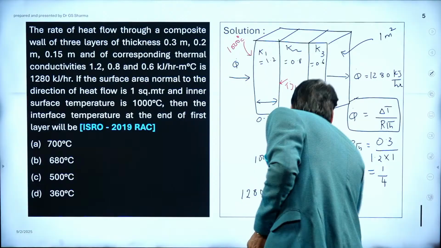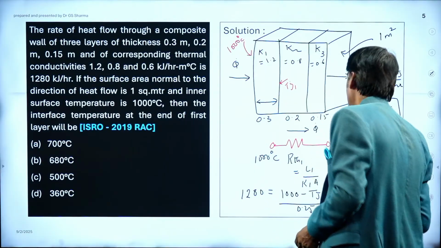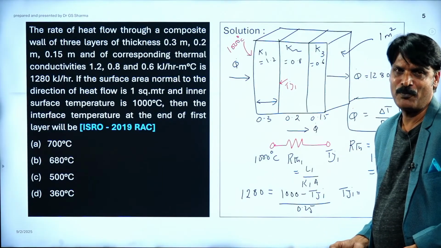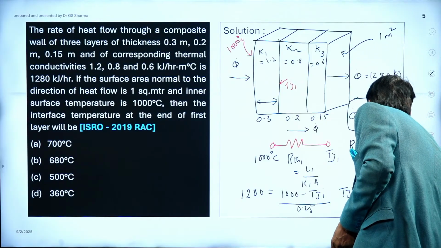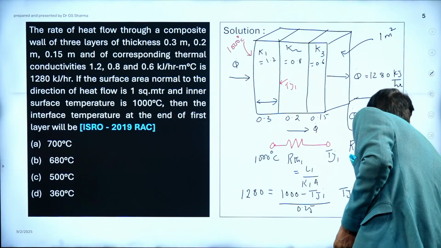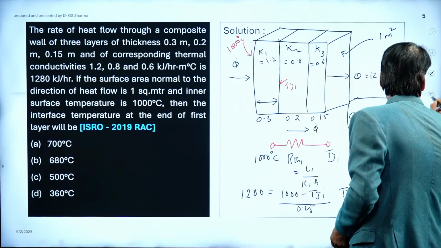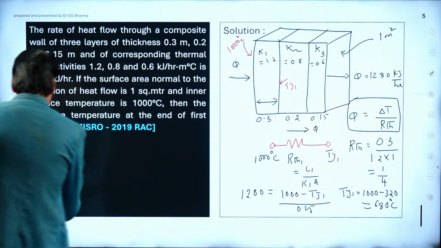So I can calculate: 1280 divided by 1/4 comes out to be 320. So 1000 minus 320 comes out to 680 degrees centigrade. So your answer should be B.